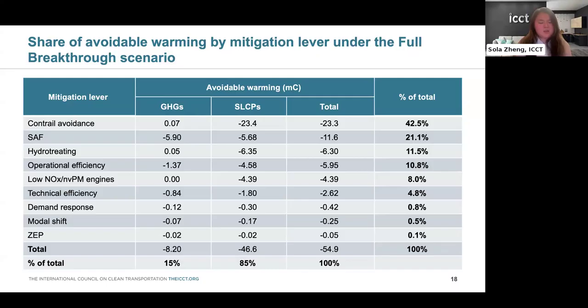And the other note is that even though lean engines and technical efficiency improvements from airframes are not ranked very high in this table, it doesn't mean that they are not important technologies. They are very much critical to long-term GHG reductions. I think this table is really serving the role of highlighting what are the more near-term opportunities in terms of stabilizing aviation's climate contribution by 2050.